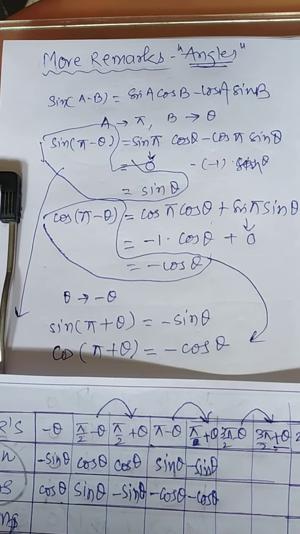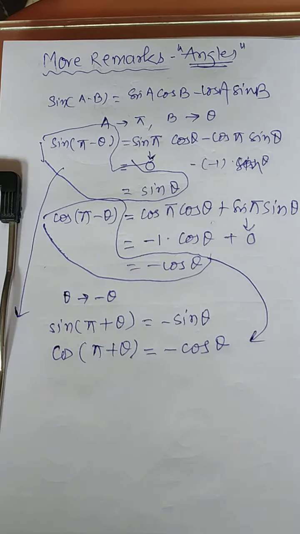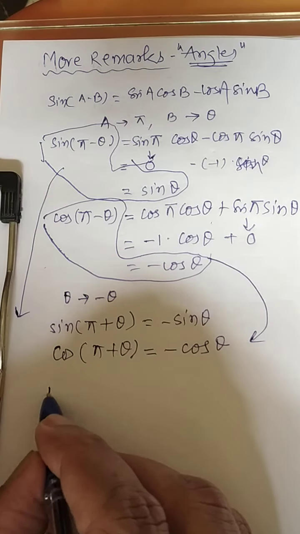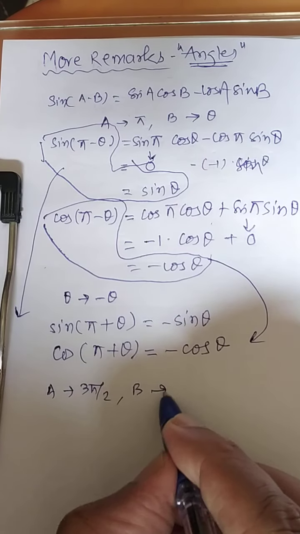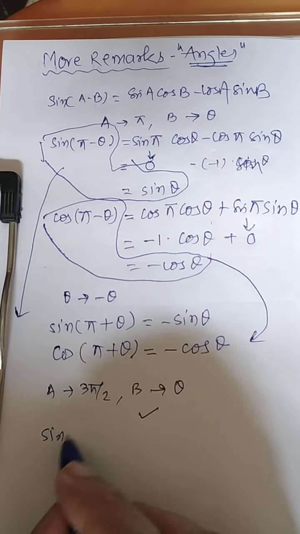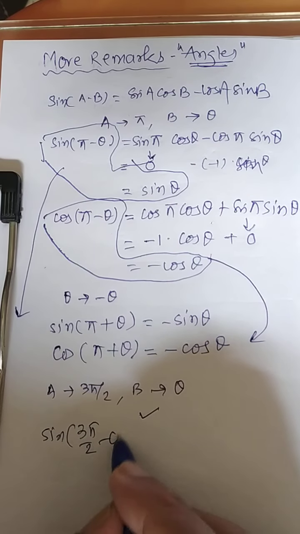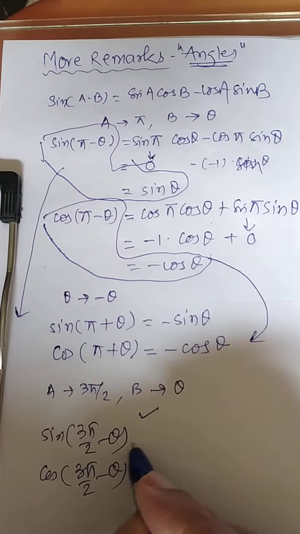Similarly, now you can complete these 4 things. What should be the procedure? Always replace a by 3 pi by 2, b by theta. Get the remarks of sin of 3 pi by 2 minus theta and cos of 3 pi by 2 minus theta.